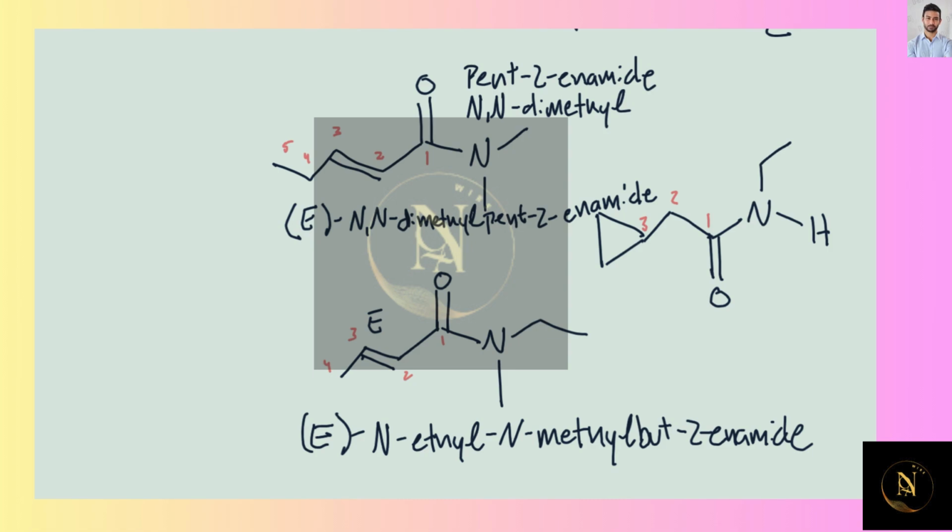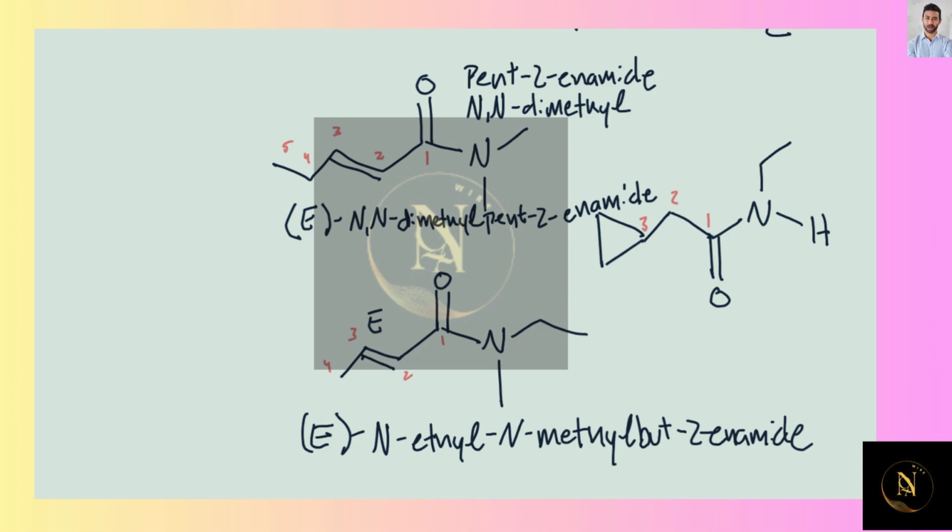And then the other unique thing is that we now have a hydrogen on this nitrogen, whereas before we had to specify N-methyl or N-ethyl. Hydrogens are assumed, so if we don't specify any hydrogen, it's just assumed there. So there will not be an N-hydrogen in the name. We'll just have the N-ethyl, and the lack of an N anything else will imply the hydrogen's existence.